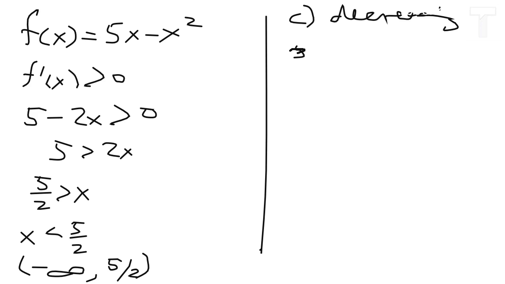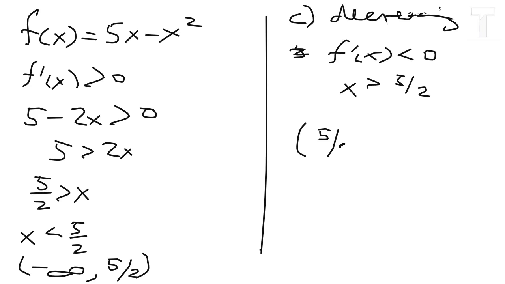So f prime of x is negative when x is greater than 5 halves. So I could say that f of x is decreasing for all x's greater than 5 halves. Or I could say that f of x is decreasing for all x's from 5 halves up to infinity. There's your answer.